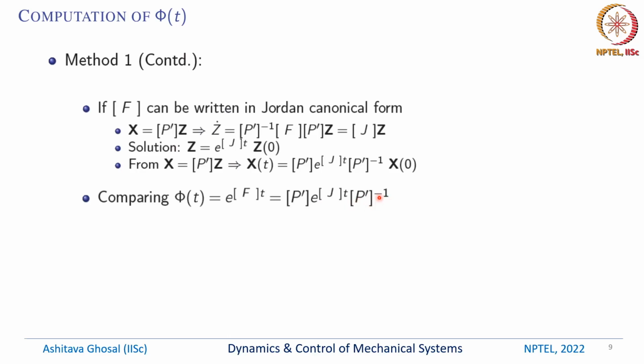So if the F matrix can be converted either into a pure diagonal form or into a Jordan canonical form, we can find the state transition matrix by doing e to the power Jt or e to the power lambda t and pre-multiplying by a transformation matrix P prime and post-multiplying by a transformation matrix P inverse or P prime inverse.